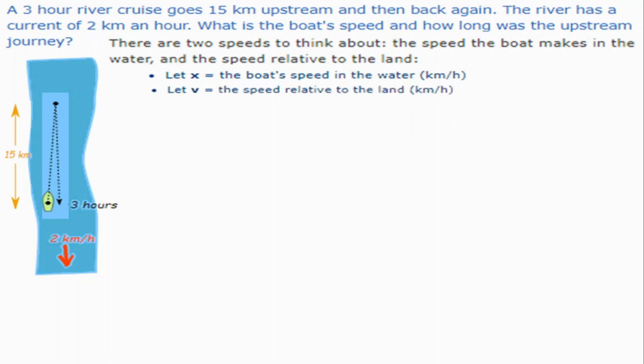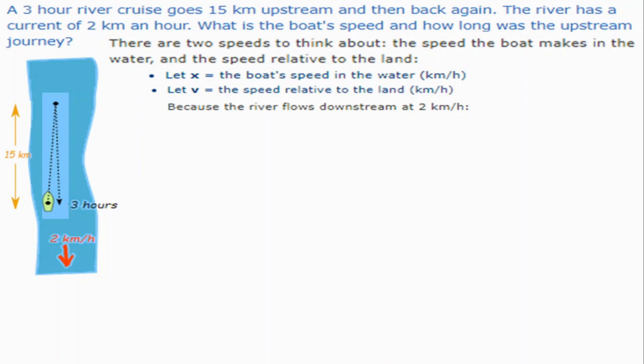The actual boat speed is x, but the speed observed from the land by the boat or the cruise, let me suppose, is v. So there are two situations for v, when it is going upward and when it is going downward.